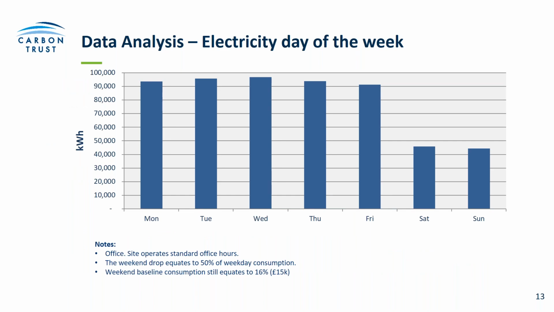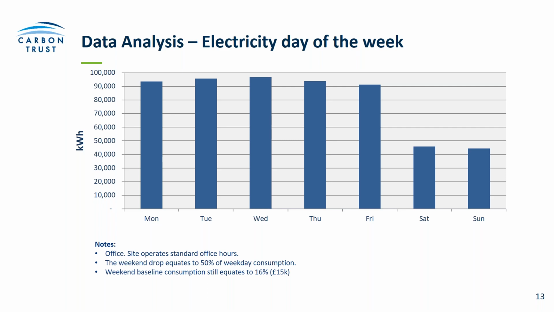Again, that's just a typical office consumption as well, where it's fairly flat over the standard office hours, but still the weekend drops down to half the weekday consumption, with the baseline over the weekend equating to about 16% of the site overall consumption. So still something going on. Now there's obviously going to be some load.